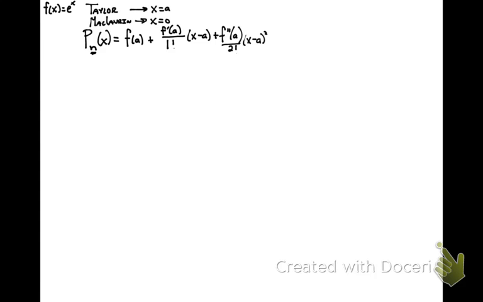Hopefully you're starting to see the pattern here for the next one, times the function's third derivative at the value in which we're looking over 3 factorial times x minus a cubed.